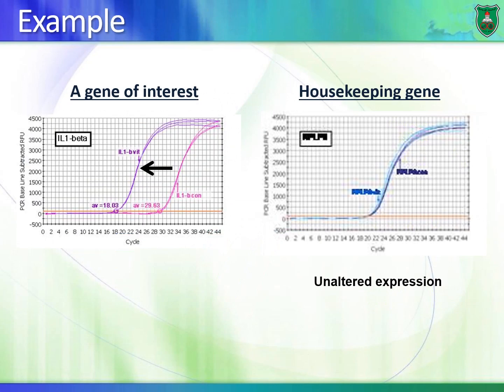Now, remember last semester when I talked about housekeeping genes, and I said a housekeeping gene is a gene that is needed to be expressed by cells all the time, and its level is not different according to the environment that cells live in, right? And I gave you examples of housekeeping genes like actin, for example. All cells need actin all the time. And there are other examples like tubulin. So all cells need tubulin all the time as well, okay? Tubulin makes microtubules.